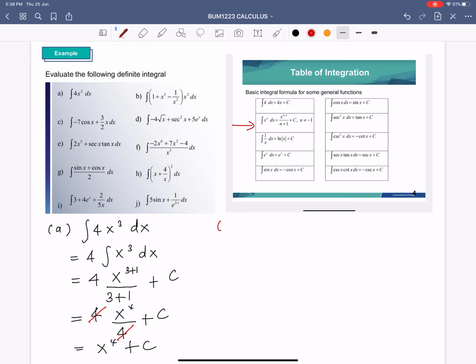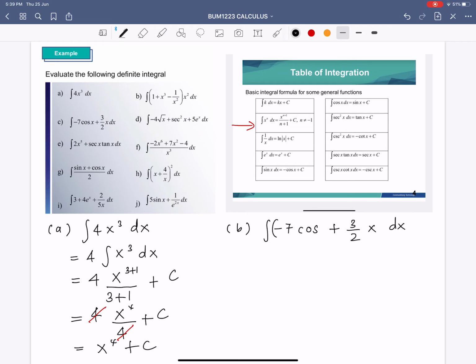Next, question B. For question B, we have integration of negative 7 cos x plus 3 over 2 x dx.